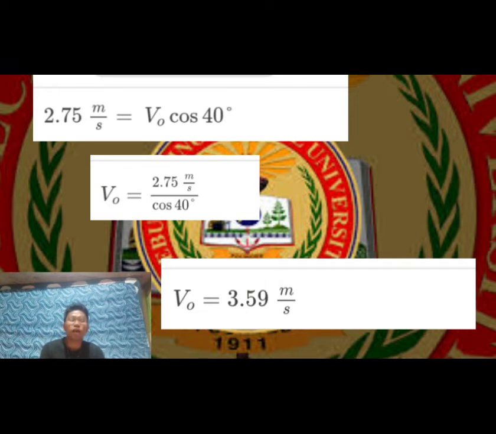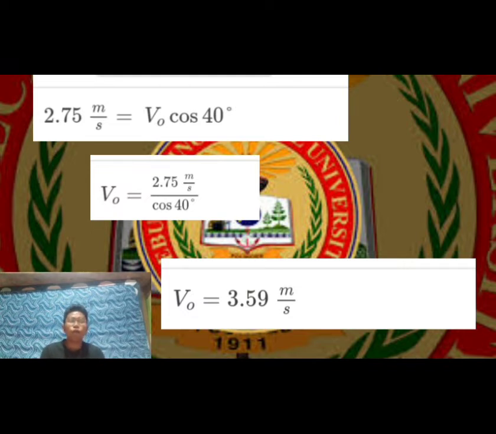So 2.75 meter per second is equal to initial velocity times cosine 40 degrees. To find the initial velocity, we have initial velocity is equal to initial velocity at x all over cosine 40 degrees. So we have initial velocity is equal to 2.75 meter per second over cosine 40 degrees. The result is initial velocity is equal to 3.59 meter per second. So we have now the initial velocity, which is 3.59 meter per second.